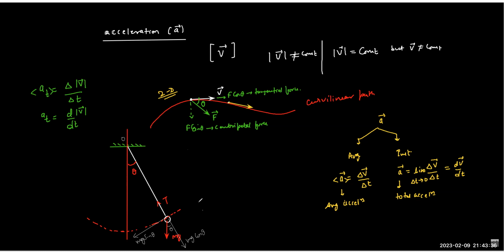And if mg cos theta is bigger than T, it has to break actually, or if it is not breaking, then it will have the curvature this way. If mg cos theta is dominant, then it will have the curvature downward. But if T is bigger, then the curvature will be upward.